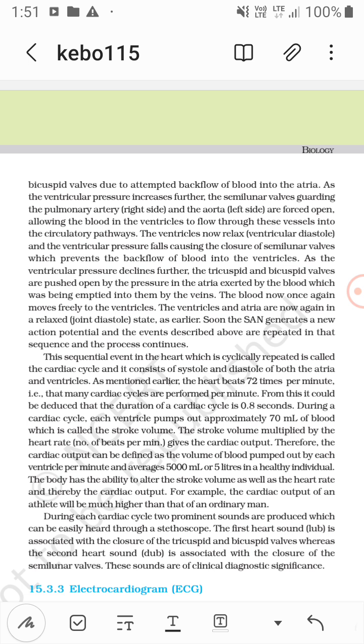This sequential event in the heart, which is cyclically repeated, is called the cardiac cycle, and it consists of systole and diastole of both the atria and ventricles.